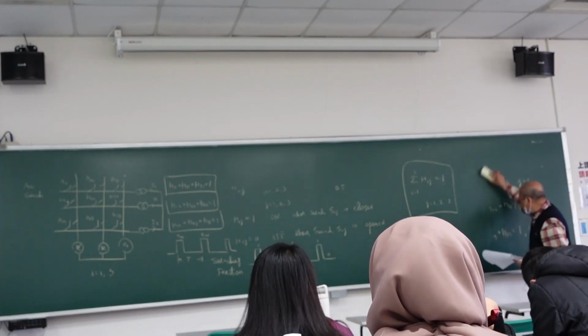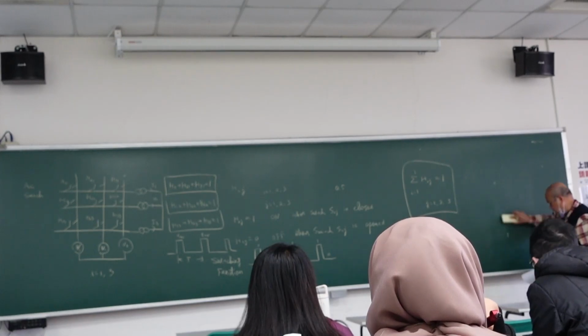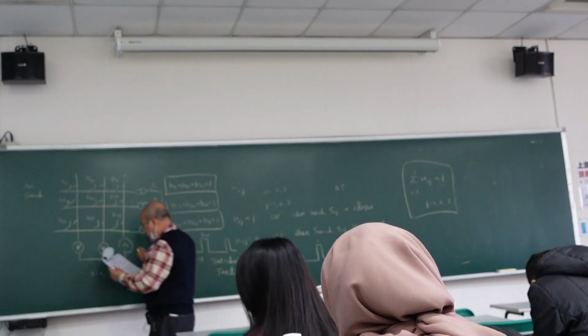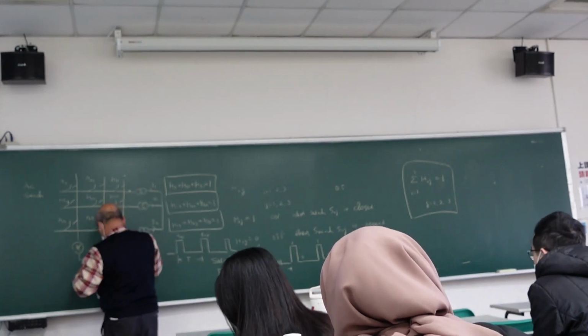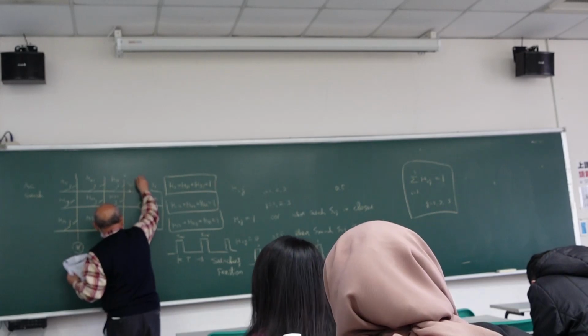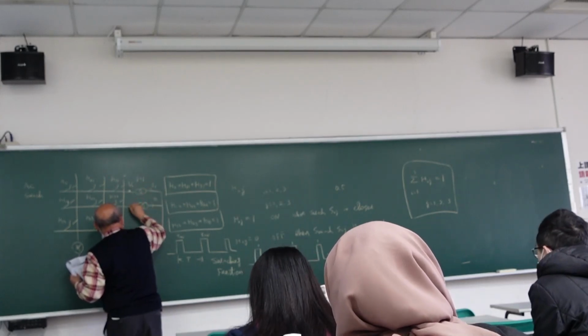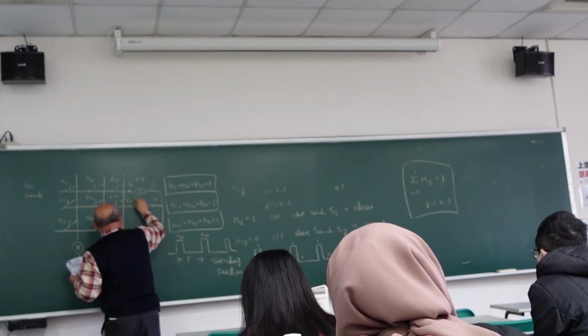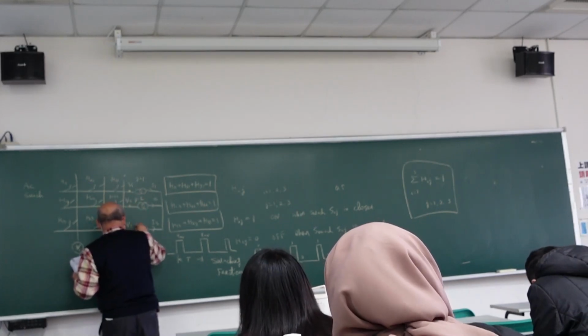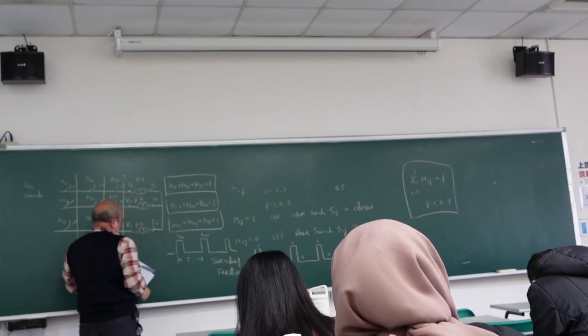So how about Vj, the output voltage? Now we want to describe this one. This is the output voltage. This is V1, j equal to 1. This is V2, j equal to 2. This is V3, j equal to 3.